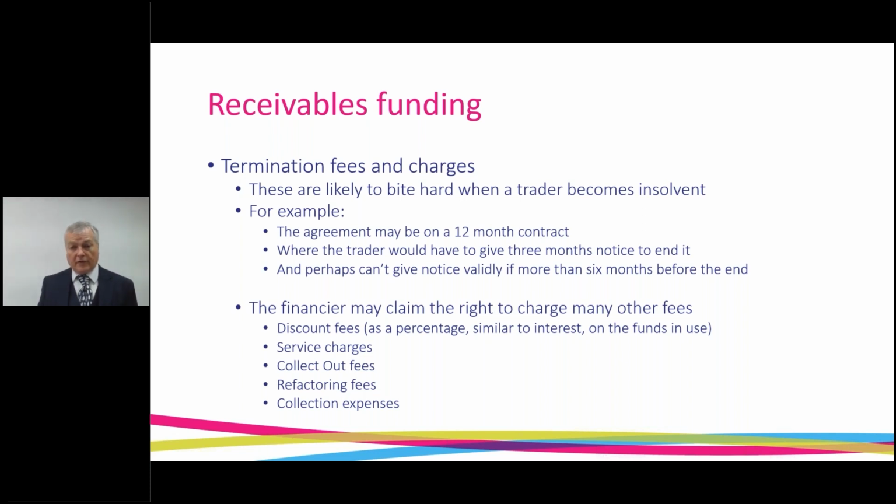So it can be very, very difficult to bring the agreement to an end. And if it's got to run on for another 9 months before it gets to its termination date, then you may find that the financier is entitled to claim 9 months loss of profits from the agreement as one of its claims in the closing account.